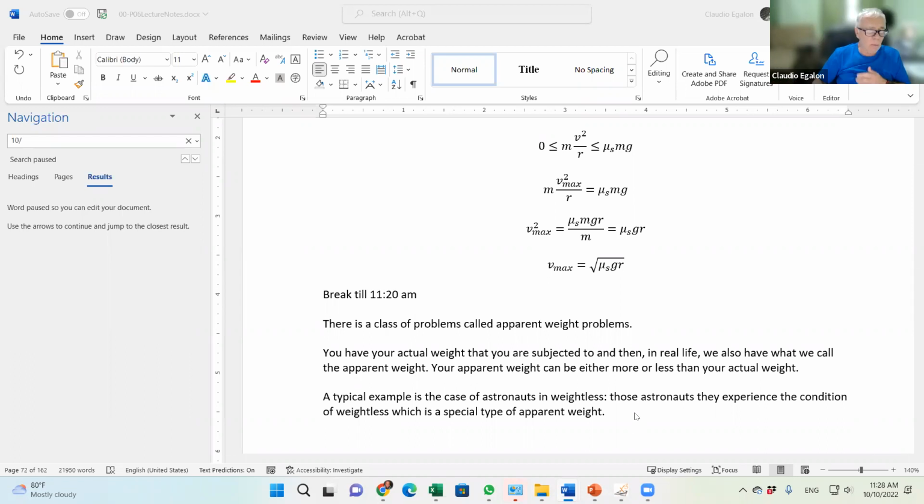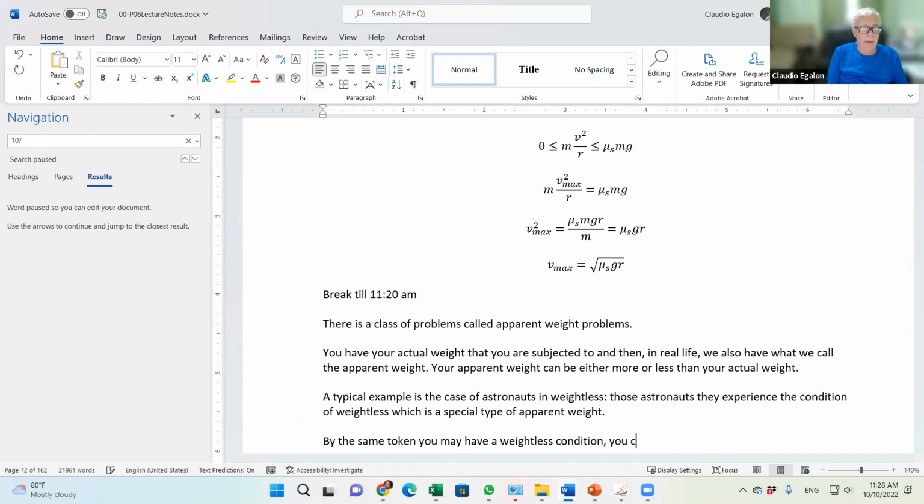But then you have the other way too. You may have a weightless condition, right? You can also have a heavy weight condition, okay?